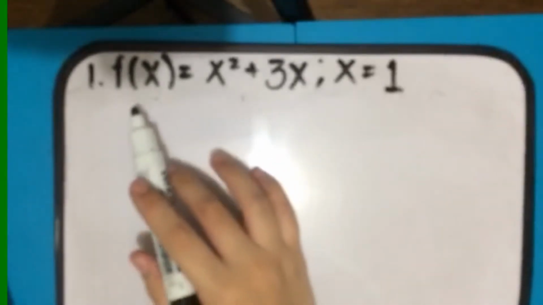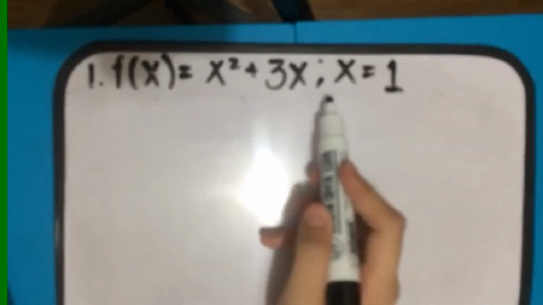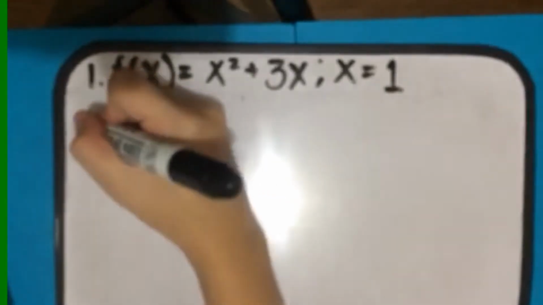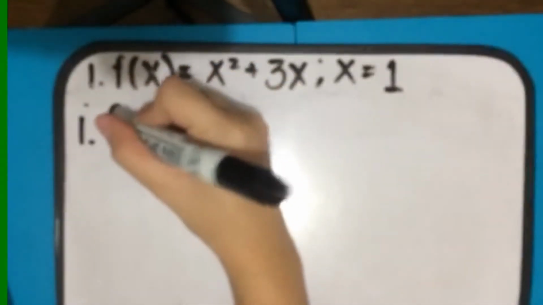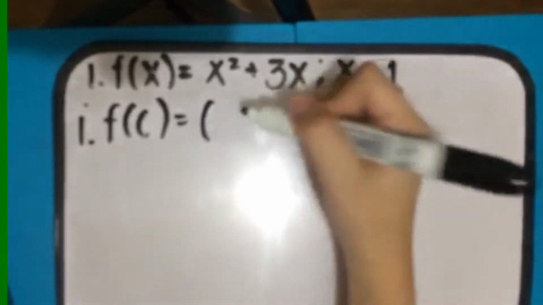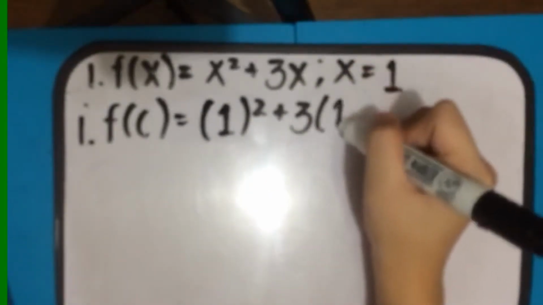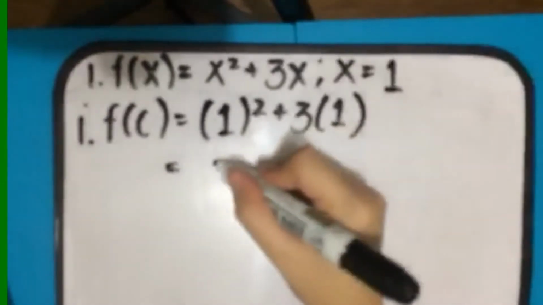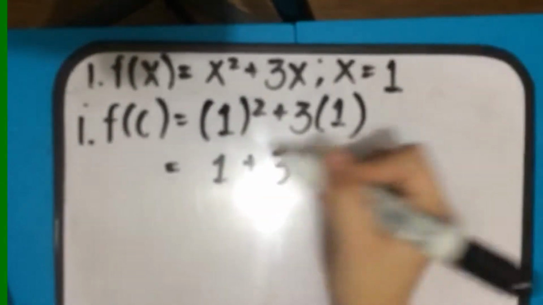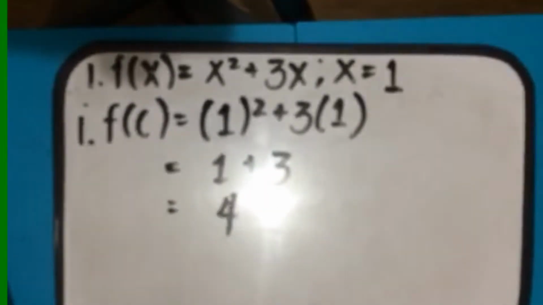Our first problem is f of x is equal to x squared plus 3x, and x is equal to 1. First condition is f of c, which is f of 1. Substitute 1, which is equal to 4. f of c is equal to 4.